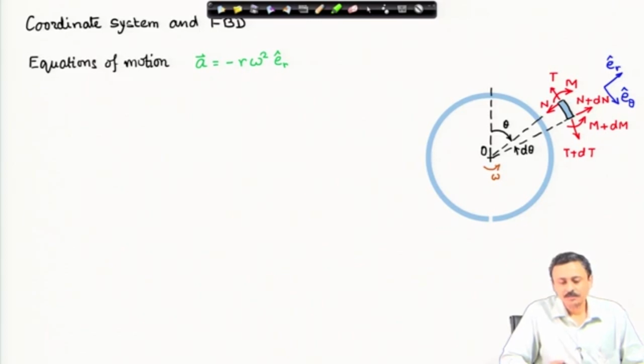Equations of motion of this element. Now, the acceleration of that element: this element is small enough that its location coincides with the center of mass, it is an infinitesimal element.